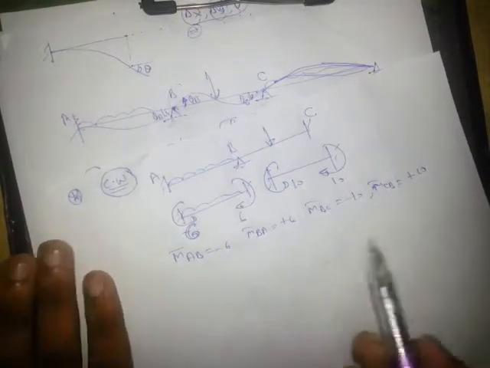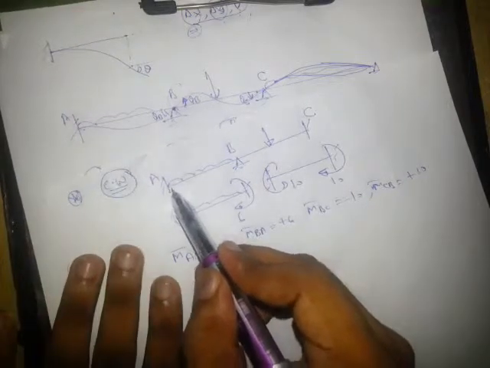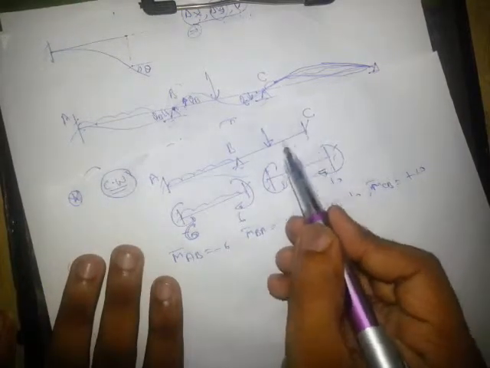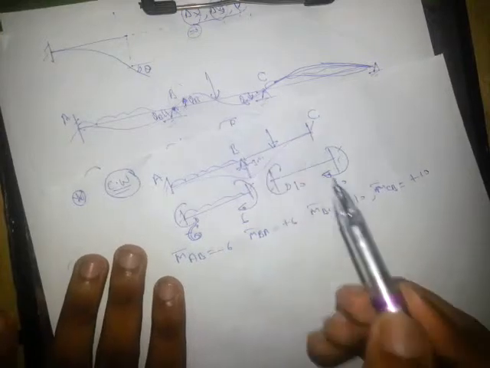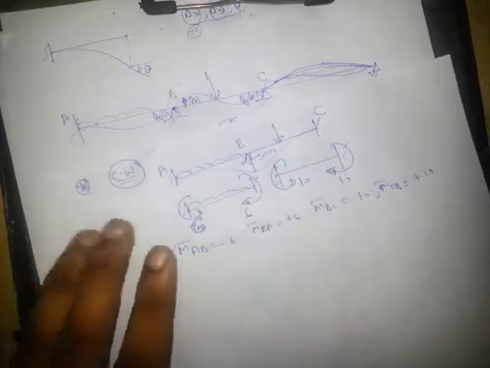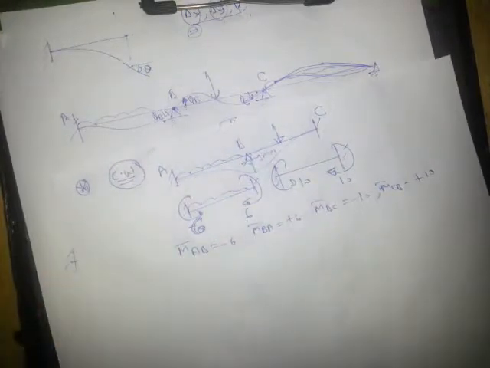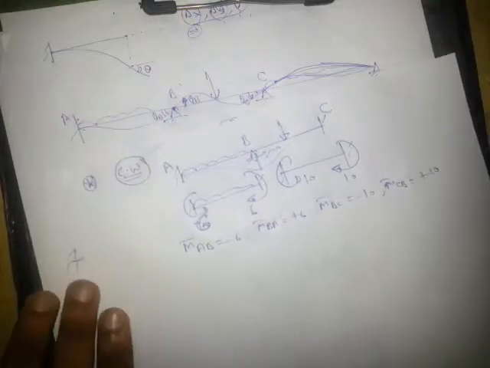Also, it is said that support B settles down by 3 mm. Now we have to write the slope deflection equation.